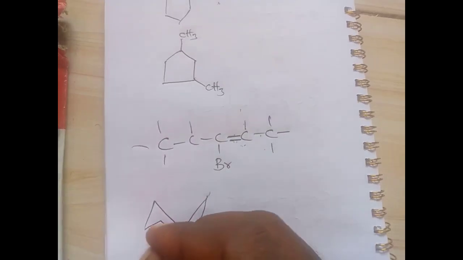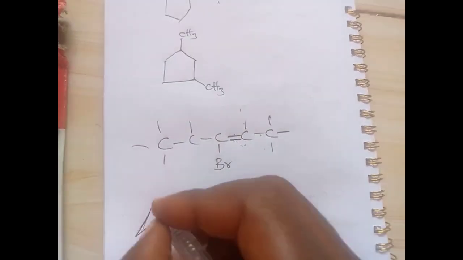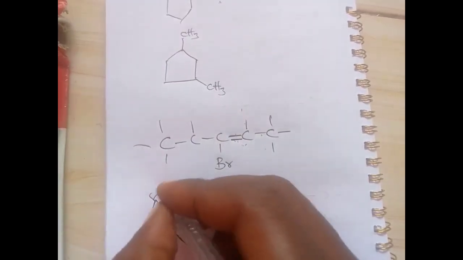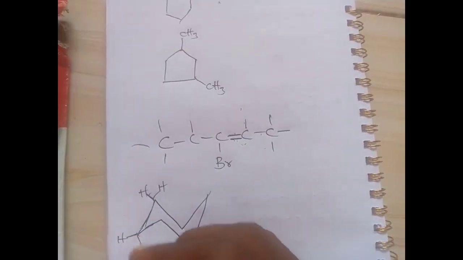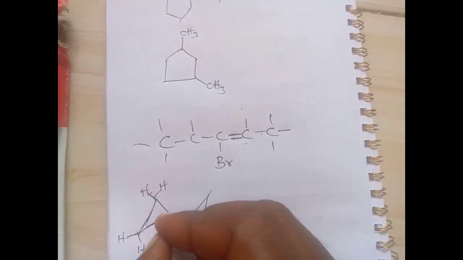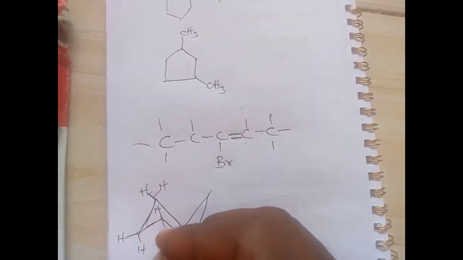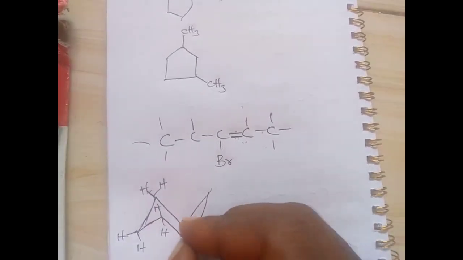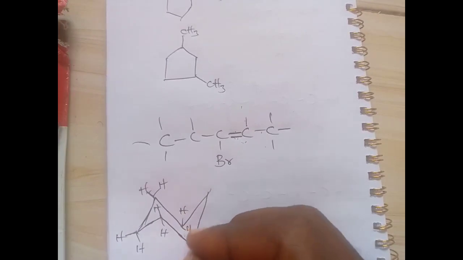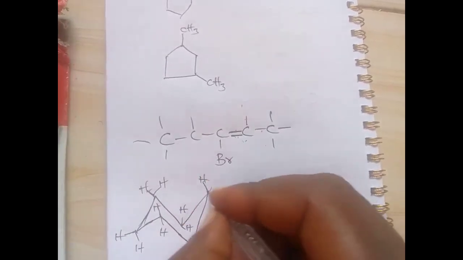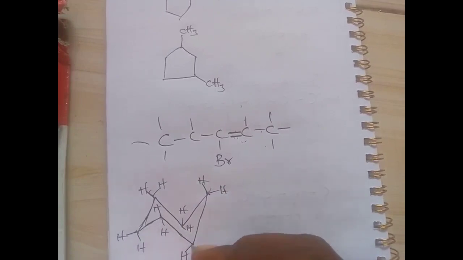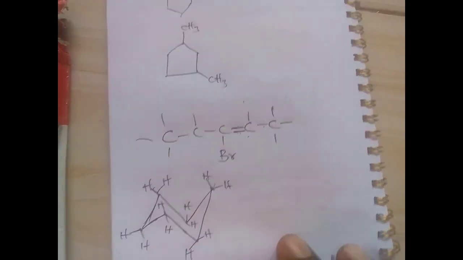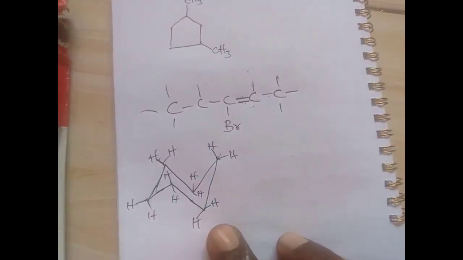It looks this way. So we have hydrogen, hydrogen, hydrogen, hydrogen, hydrogen, hydrogen, hydrogen, hydrogen. So this is the chair conformation of cyclohexane.